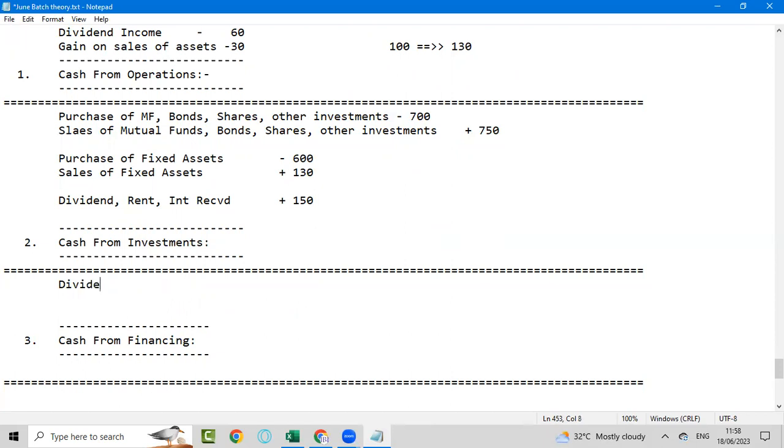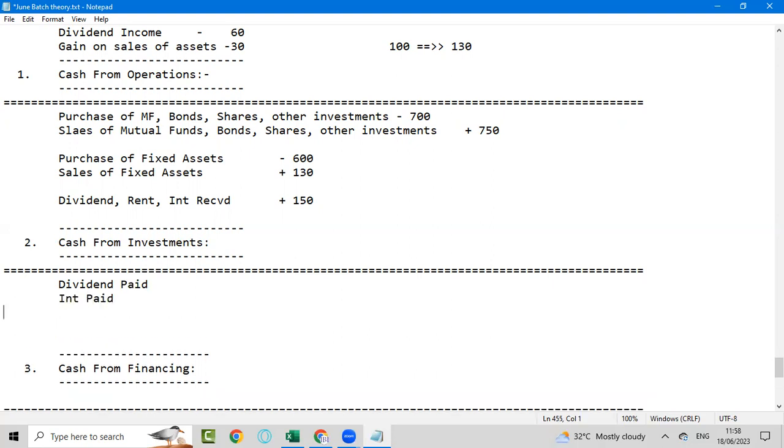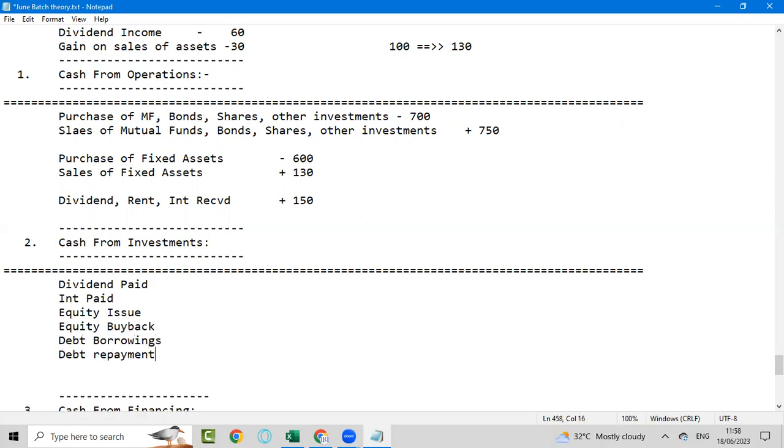Next is dividend paid. Now where am I writing it? Under financing. Dividend paid, interest paid, equity issue, equity buyback, and then debt, borrowings, repayments, debt repayment, loan repayment.